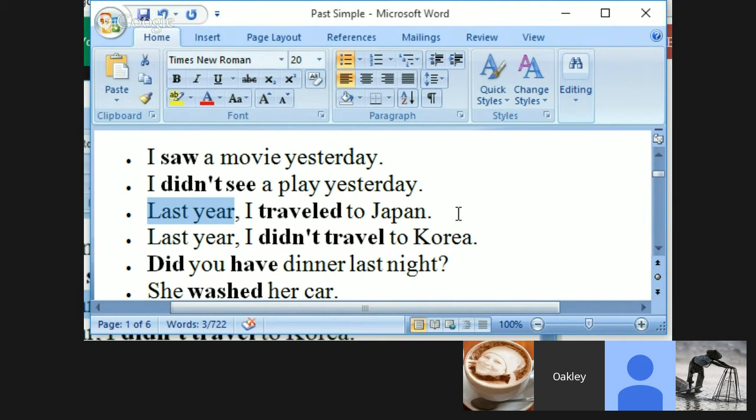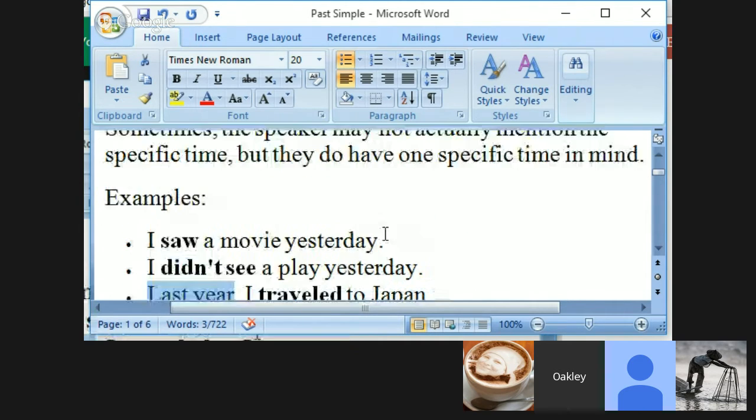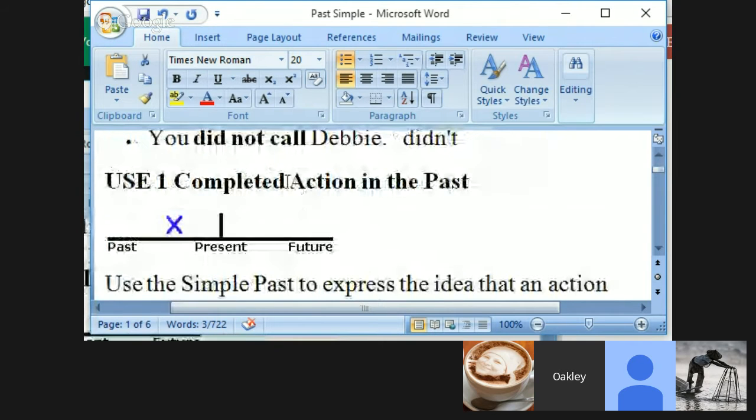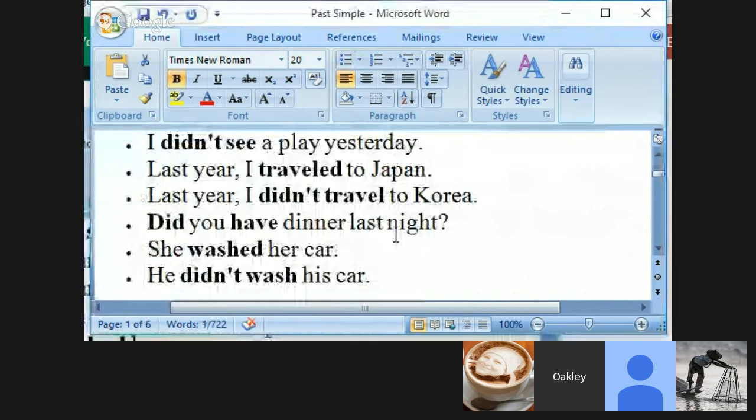It has some relationship to now or even the future. If I just use simple past, I'm really emphasizing the fact that this is finished, completed. The whole idea of finished or completed is essential to this use of the verb tense.